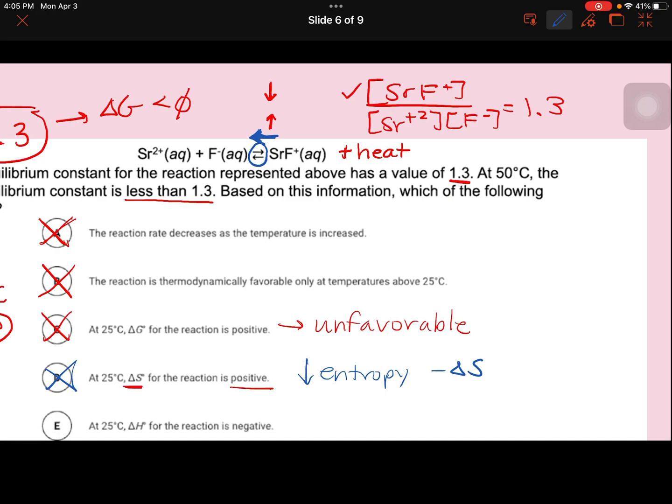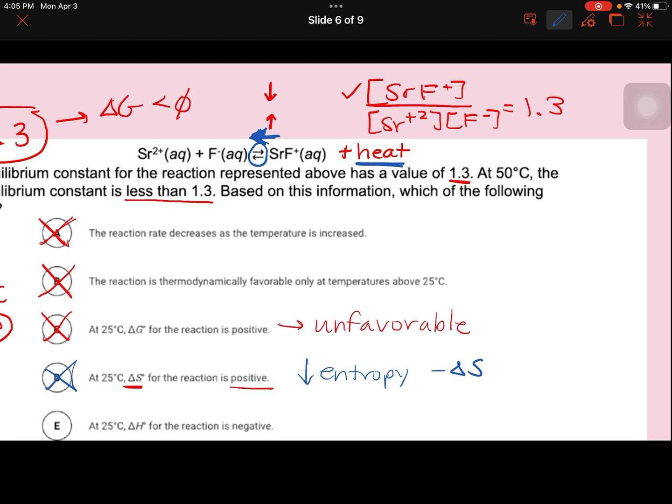It was at equilibrium and now it has shifted. So if increasing the temperature causes my reaction to shift in the reverse direction, when we increase the temperature, the endothermic direction is favored.